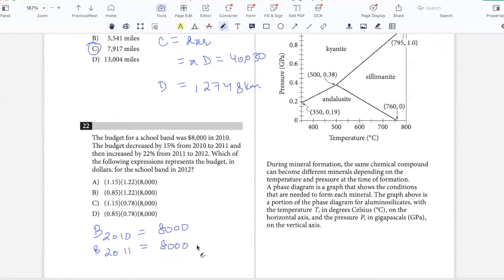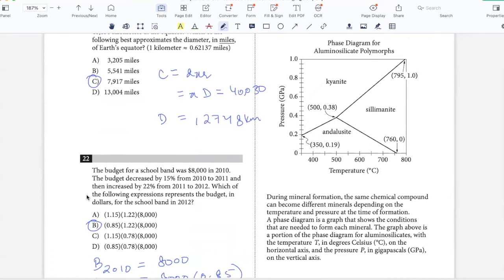So that's 8,000 times 0.85. And then in 2012, it increased by 22%. So that's 8,000 times 0.85 times 1.22. So it will be 8,000 times 0.85 times 1.22, option B.